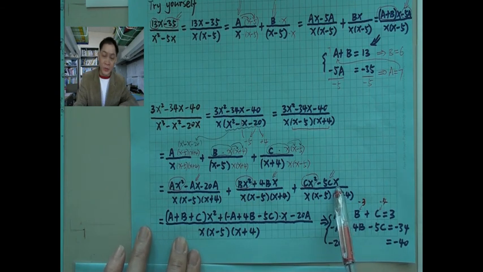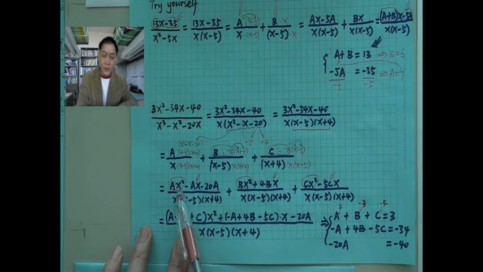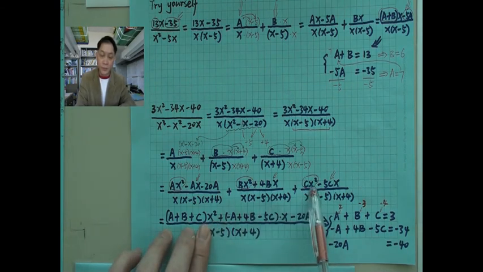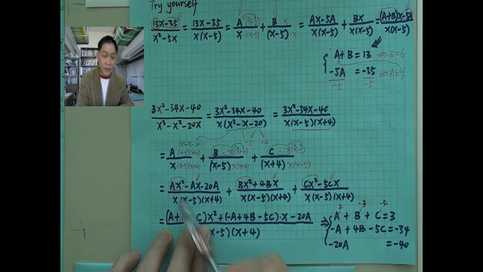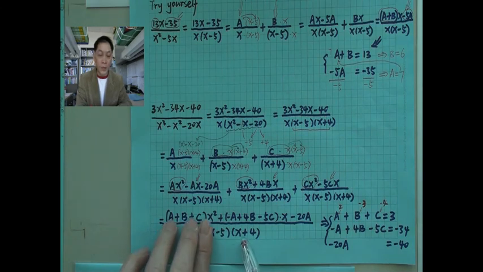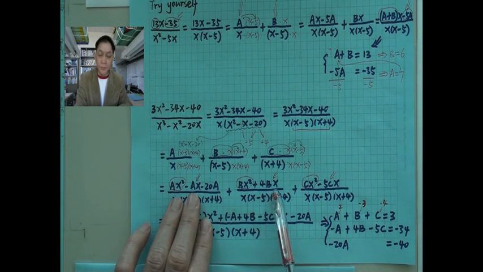Now combine like terms. You have x squared. Pull x squared out. Then you have a from the first term, b from the second, c from the third. Now we look at the x term.